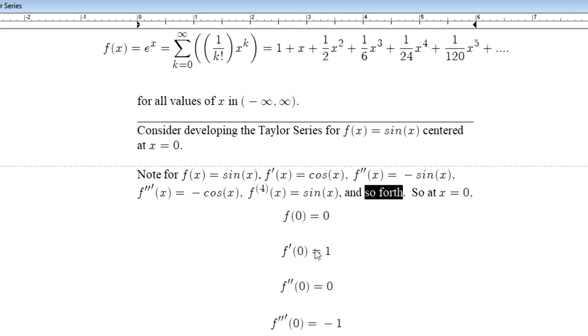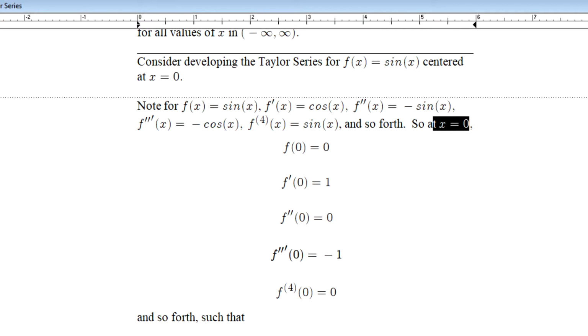So if I evaluate these results at x equal to 0, we will see the values of the derivative cycle from 0 to 1 to 0 to negative 1 to 0 to 1 to 0 to negative 1 to 0 to 1 to 0 to negative 1, and so forth.